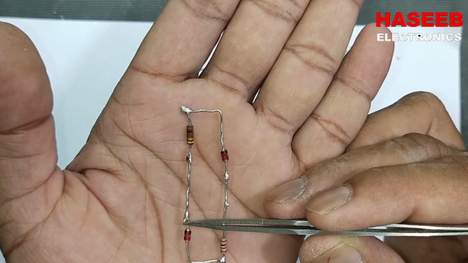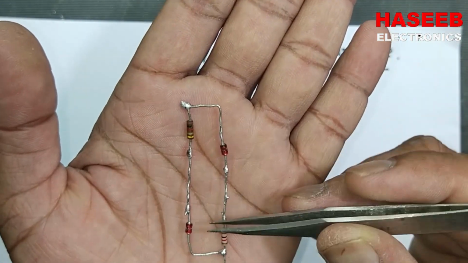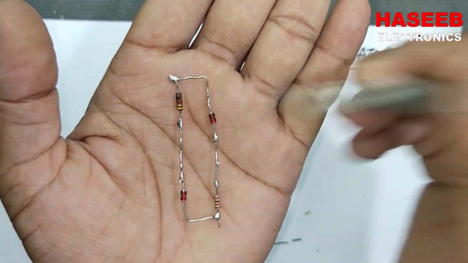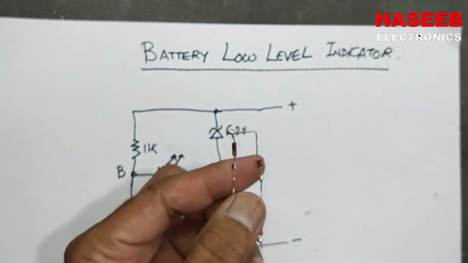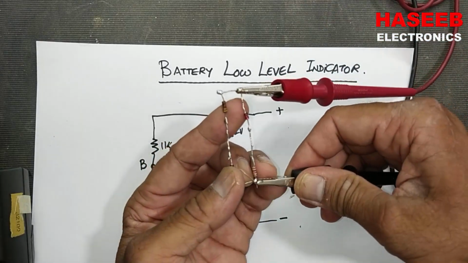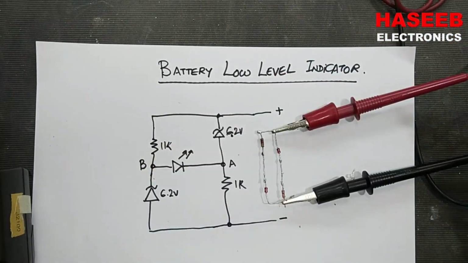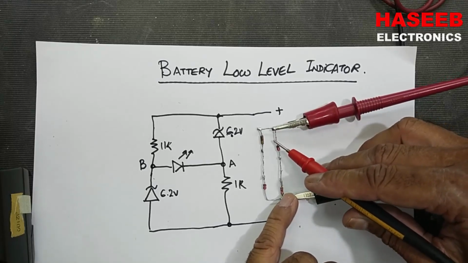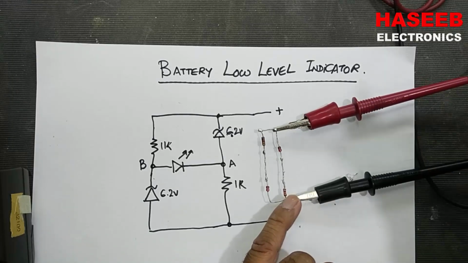Resistor, cathode, anode. So the cathode is towards the positive side. We will connect positive here and negative side here. The positive will connect to the cathode side because it is a zener. Zener is always connected in reverse direction.